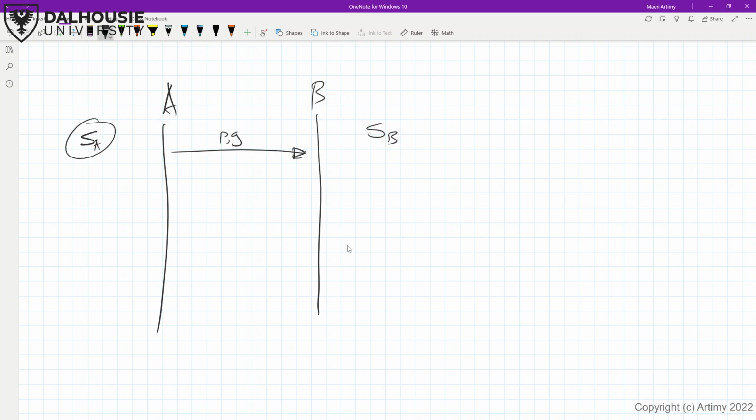Alice and at the same time Bob calculate TA, which is G to the power of SA mod P. Bob does the same thing, calculates TB, G to the power of SB mod P.